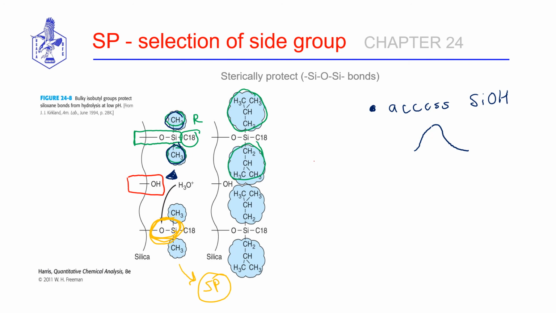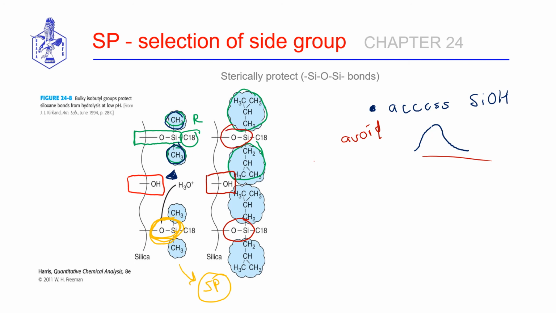That will better protect my surface and block access to any unreacted silanol sites. That will avoid, to the extent possible, some of this peak tailing. And also, I will better protect my siloxane bonds from attack by hydronium ions under acidic conditions.